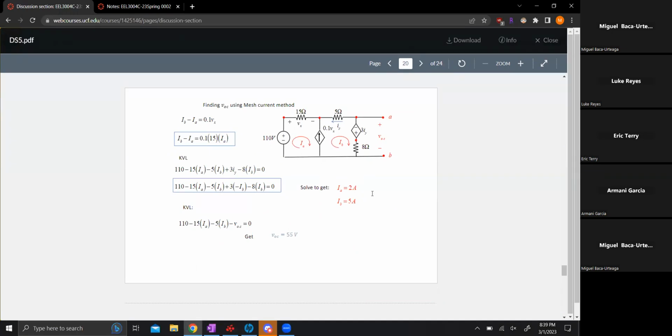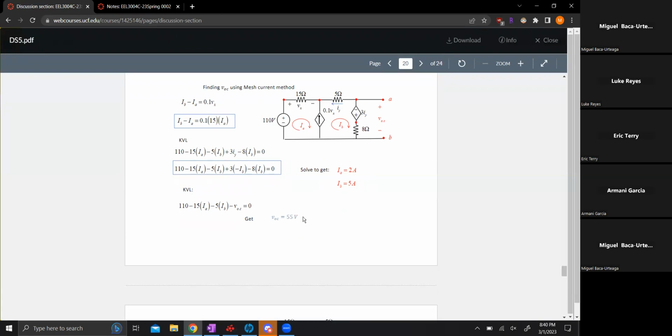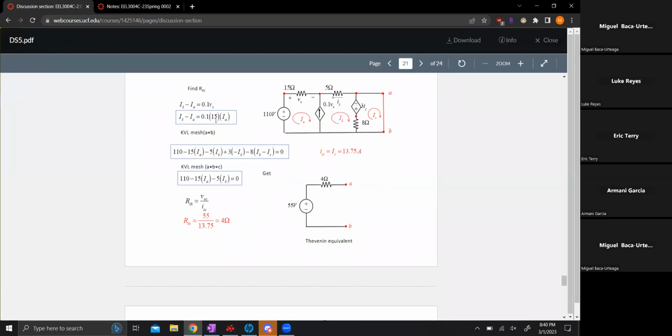Okay. So what they do, this is the same equation for this dependent source in the middle. They do a KVL here on the outer edge. This KVL for mesh IA and IB comes around this outer edge, comes through the 3 IY and 8 ohm resistor, and then they do one more around the whole outer edge.